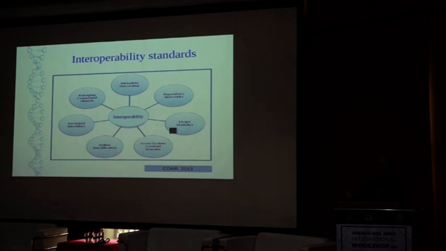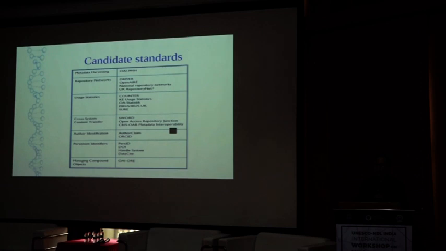Metadata schema proliferation. But when we come to the interoperability standards also, let me show you that CORE, Confederation of Open Access Repositories, once proposed that interoperability level standards can be divided into 7 layers. And in each and every layer, there are many candidate standards. We are fortunate enough, at the metadata harvesting level, we have one global de facto standard. But you see here, repository network, usage statistics, we have a number of candidate standards. Let me give you one example.